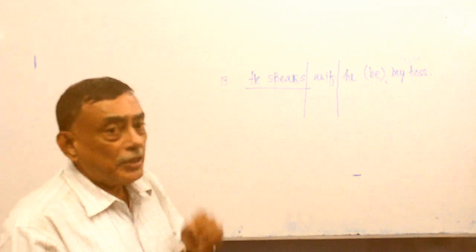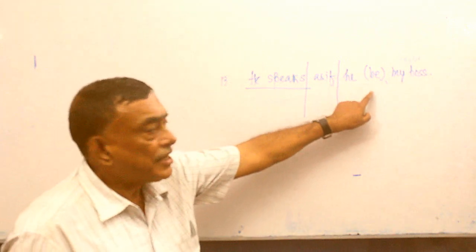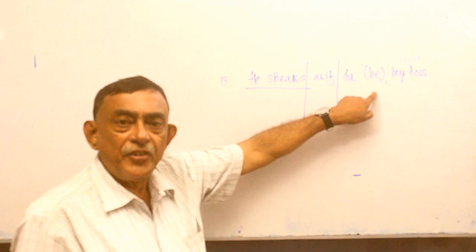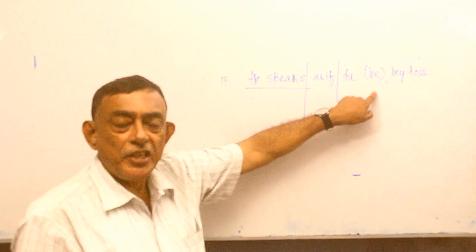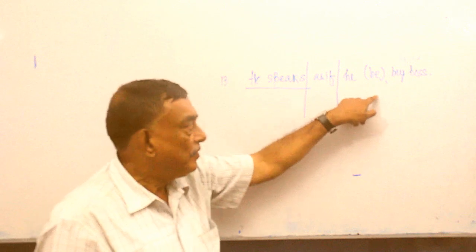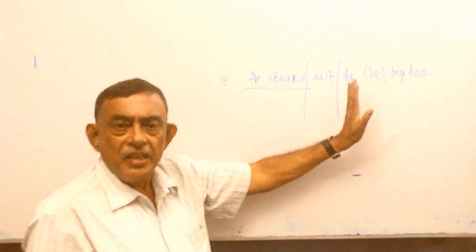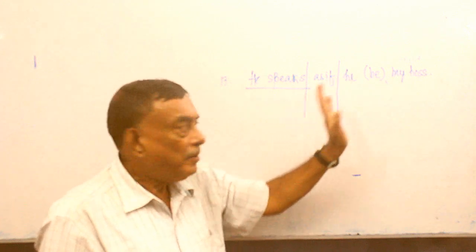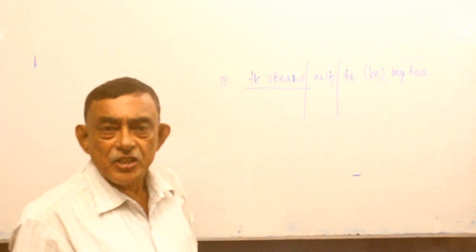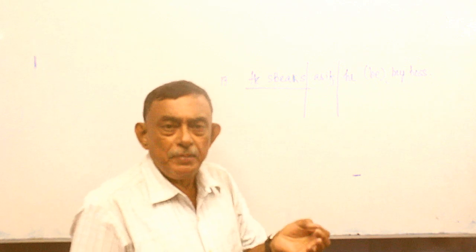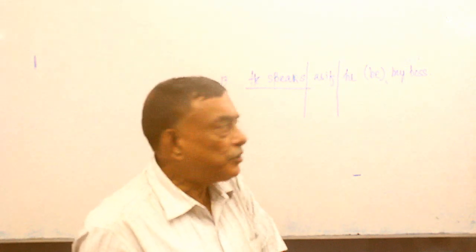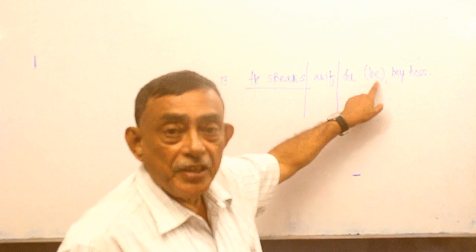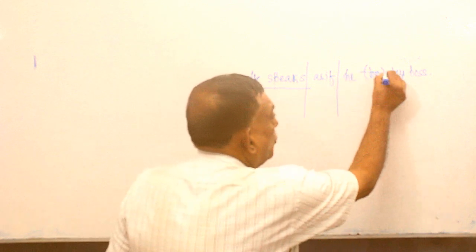Now what you have to do? What is the formula? After as if, to show a situation which is unreal and improbable in the context of the present, that means he is not your boss, he cannot be my boss. This portion has to be negative, because you are proving that he is not my boss and he cannot be my boss. As soon as you find this situation, what is to be done? Once again, the be verb is to be converted to past plural, I make it were.